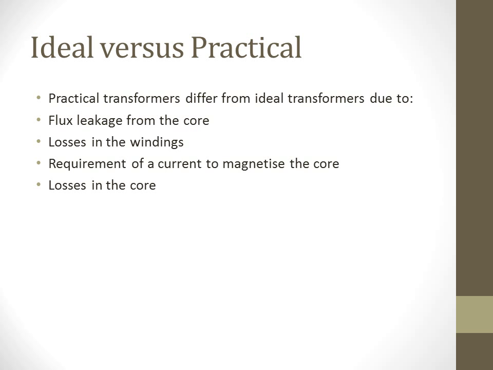If you now compare the ideal transformer with the practical one, the practical one will have losses due to the leakage flux, losses in the windings, and will require a current to magnetize the core, and also losses in the core.